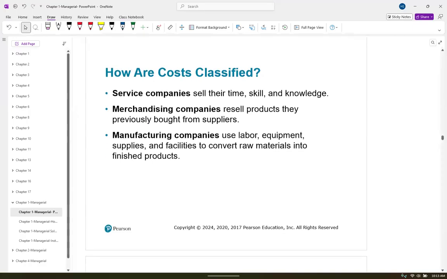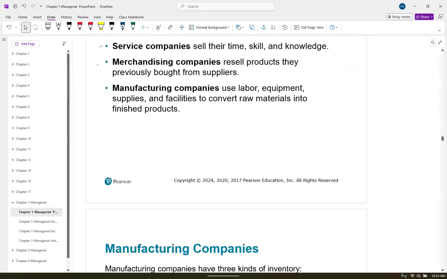I've talked about how costs are classified between service companies, merchandising companies, and manufacturing companies. We've done these two, and they're real easy. When it comes to manufacturing, now we have a lot of different things. A manufacturing business takes raw materials, labor, and some equipment, maybe robotic equipment, and turns those raw materials into a finished product.